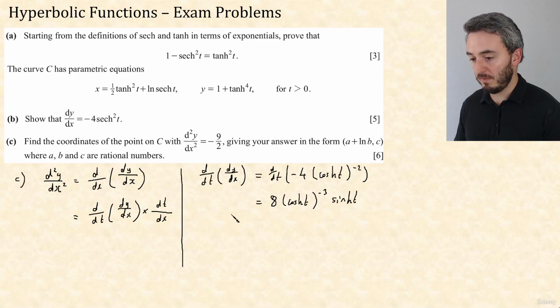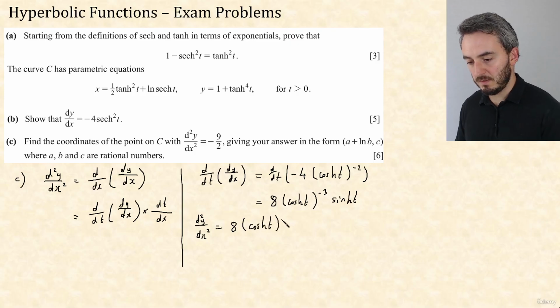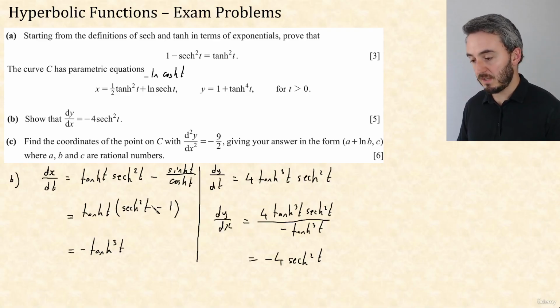Now I'm going to leave that like that, and I'm going to say d2y by dx squared is this result here: 8 cosh t to the minus 3 sinh t multiplied by dt by dx.